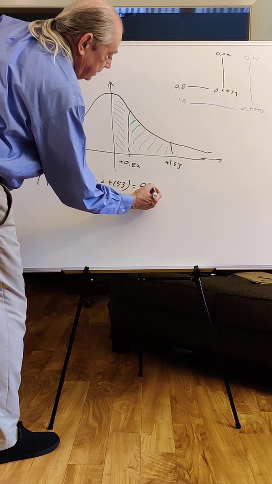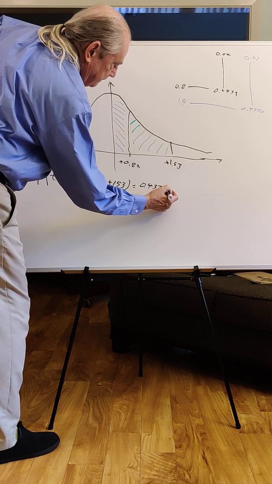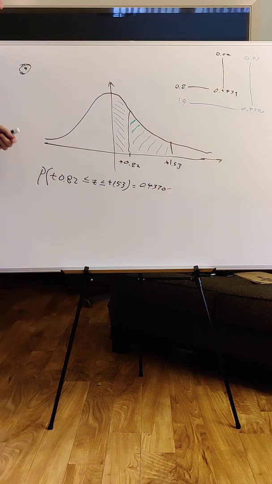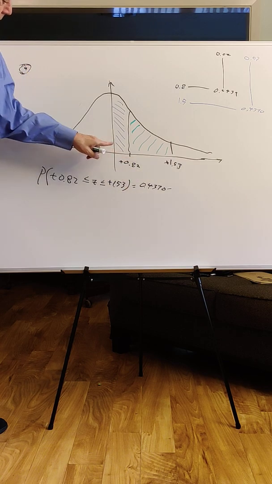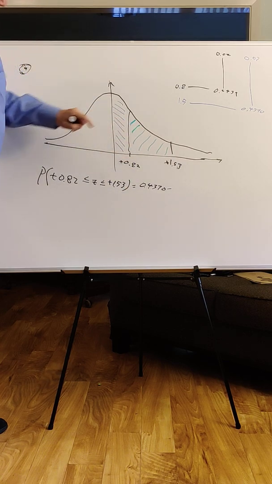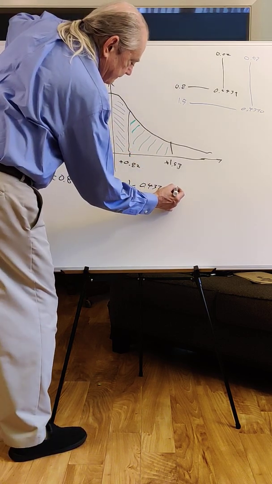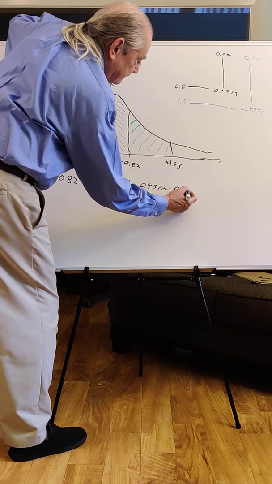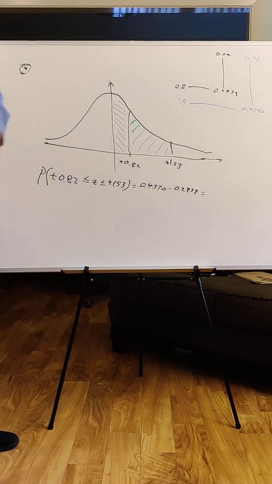I hope my skill will improve. All right, but this number includes this piece here that we don't want in there, so we subtract its area out. And subtracting, we get 0.1431, I believe.